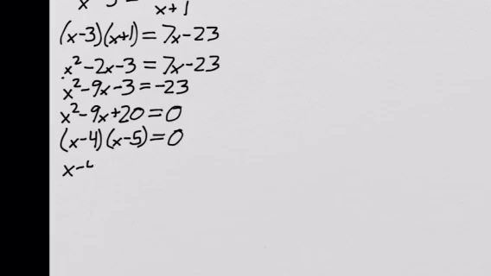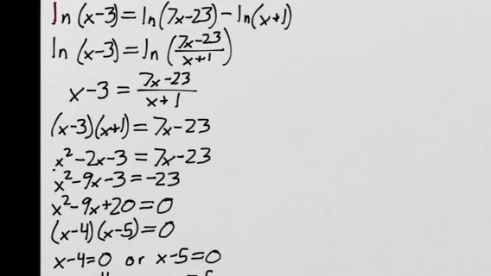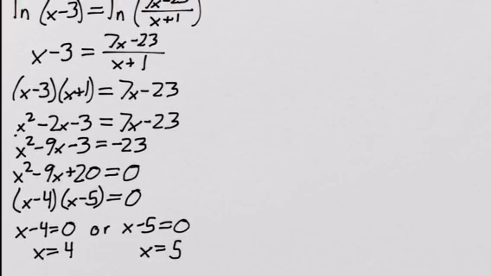So we get x minus 4 equals 0, or x minus 5 is equal to 0. So x equals 4, or x equals 5. Now again, just like before, we have to check this.